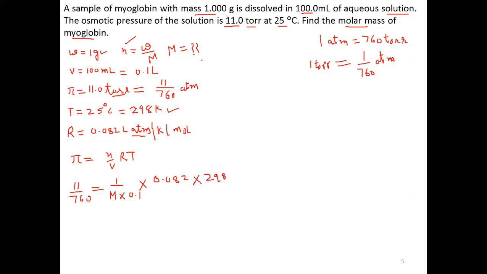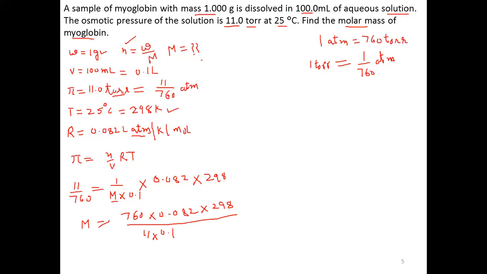So from here we can calculate M. Taking M this side, M becomes 760 into 0.082 into 298 divided by 11 into 0.1.